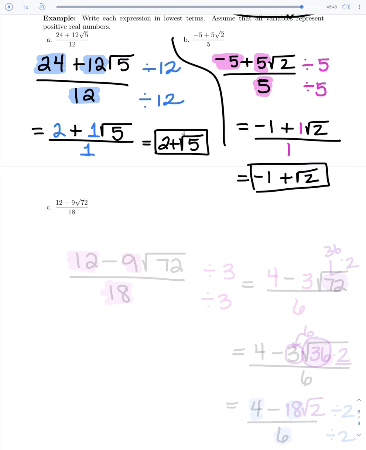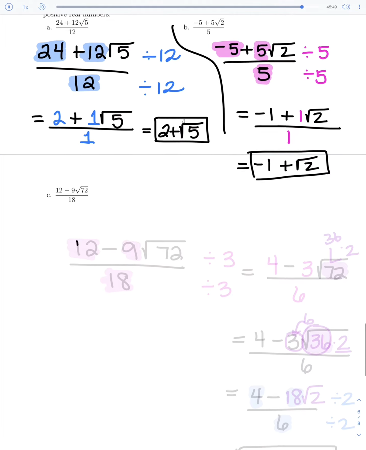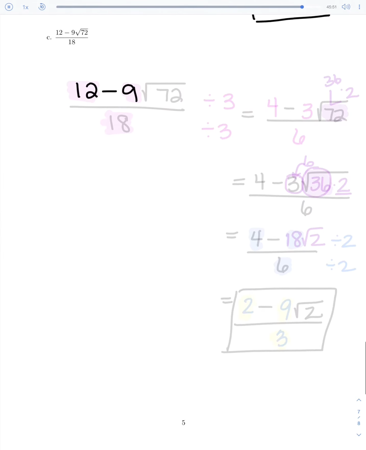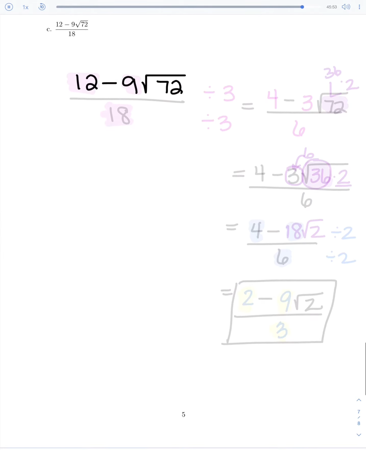Let's take a look at our last problem, C. In C, we've got 12 minus 9 square roots of 72 all over 18. So before we do anything, let's see if there's anything we can reduce. Well, we've got a 12, a 9, and an 18. 12, 9, and 18 are all divisible by 3.